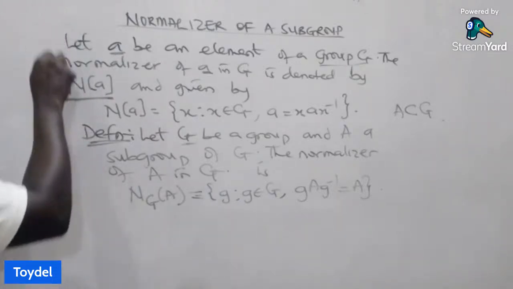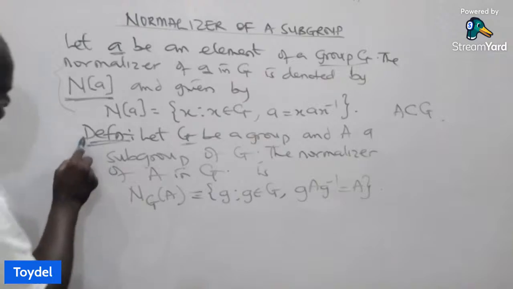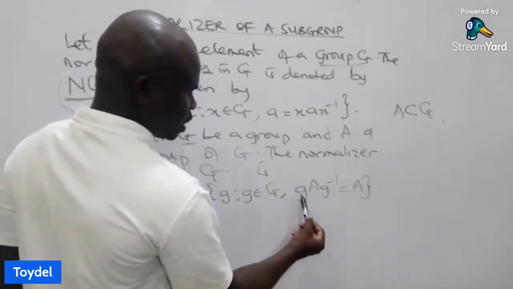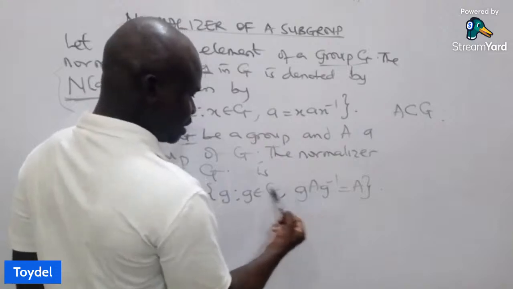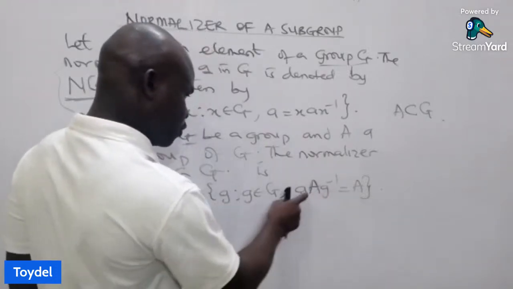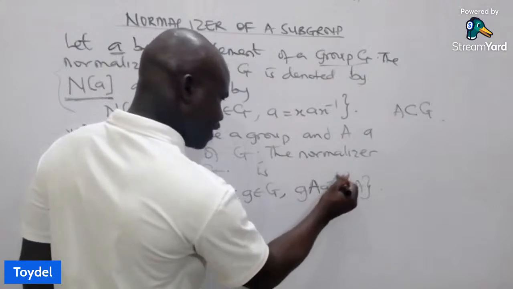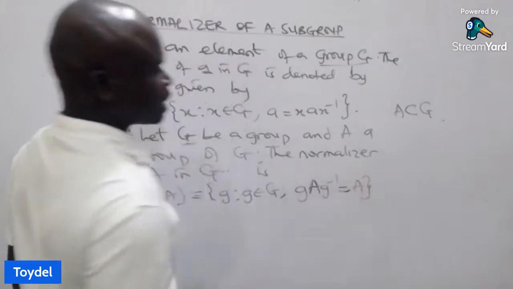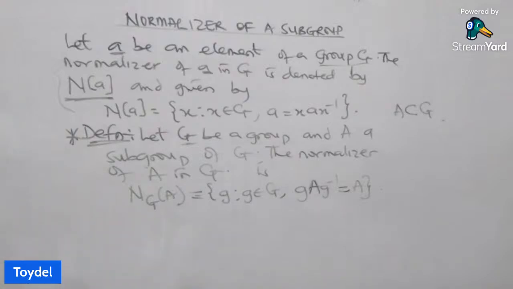So this is the definition for the normalizer of an element of a group, and this is the definition for the normalizer of a subgroup. So please let's note that g, which is an element of a group, multiplied by A, which is the subgroup, multiplied by g inverse, is going to give us A. And that is the idea behind the normalizer.